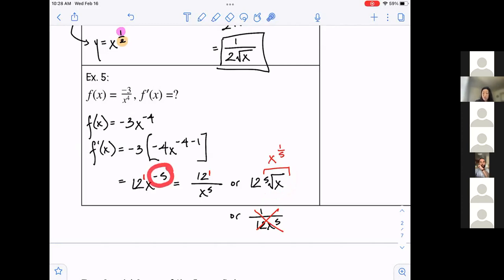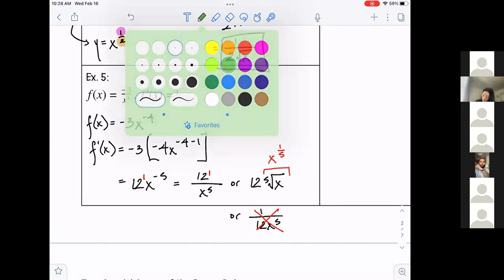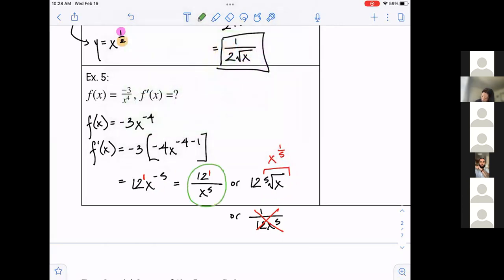This says -5. So -5 is not the same as 1/5, right? So if we want to use a square root, we usually have a fraction in the power, right? And so that does mean that our initial thought is indeed the one correct answer here.